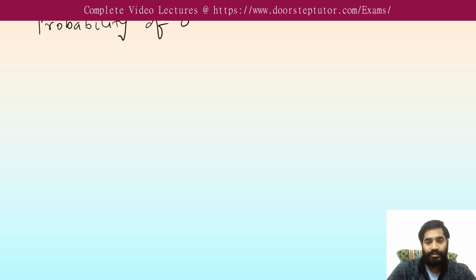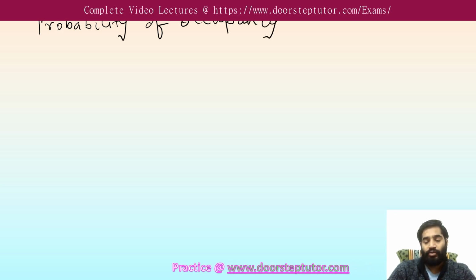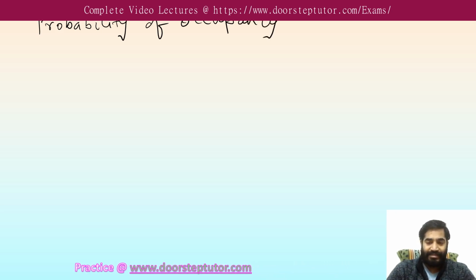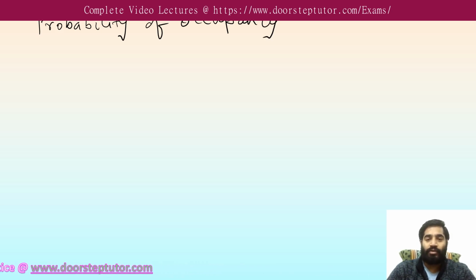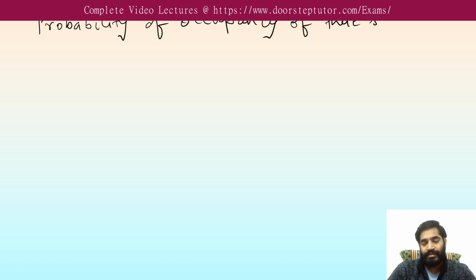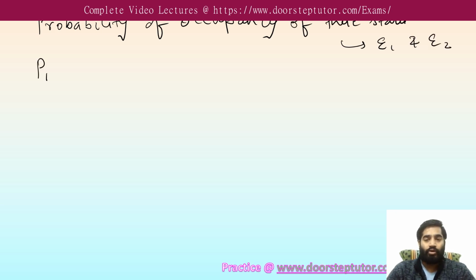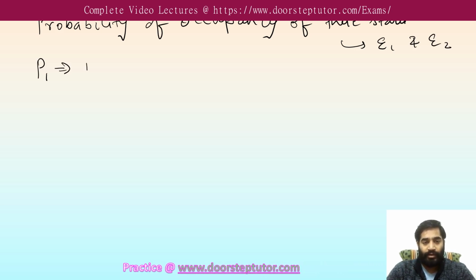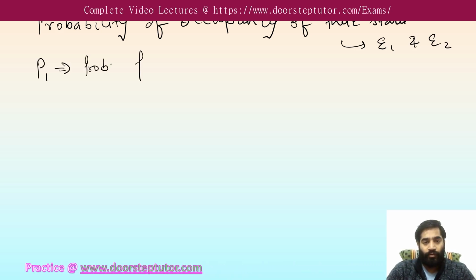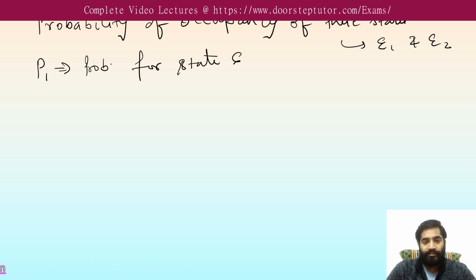So if I want to find the probability of occupancy, meaning the probability that a particular state is occupied, here the states are E1 and E2. If I say P1 is the probability of occupancy of state E1, how can I define this?